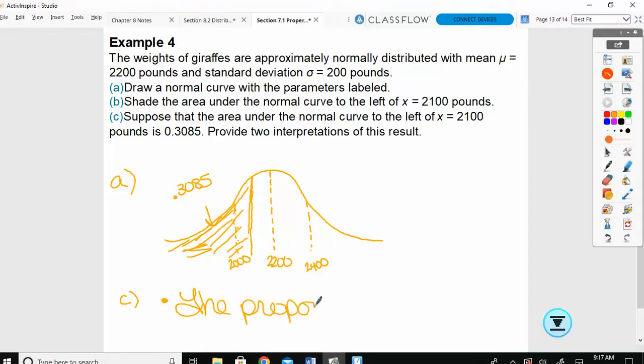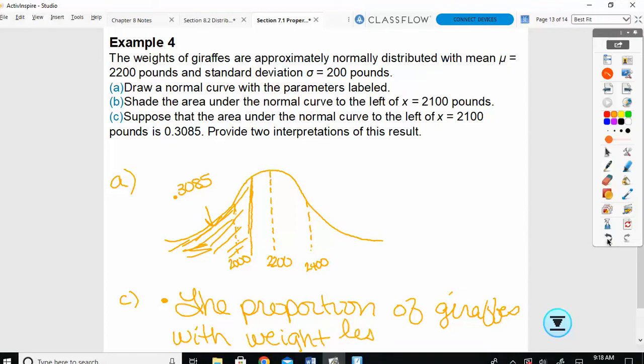So I could say the proportion, my population here is giraffes. So the proportion of giraffes with a weight, I shaded everything less than 2,100.